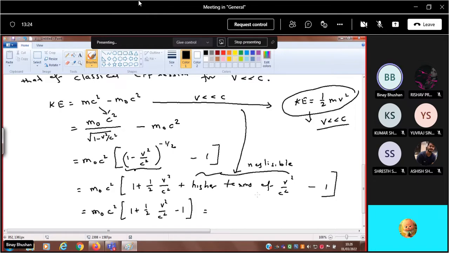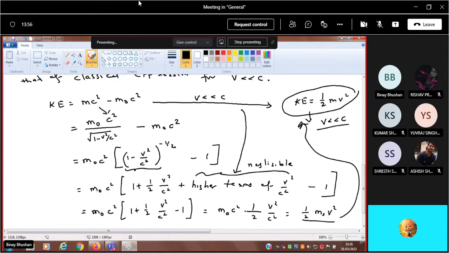I have neglected the higher powers of v square by c square. So one gets cancelled here. So this becomes m naught c square into half v square by c square, and c square gets cancelled, so we get half m naught v square. This is the classical expression. Is it clear? Clear, sir.